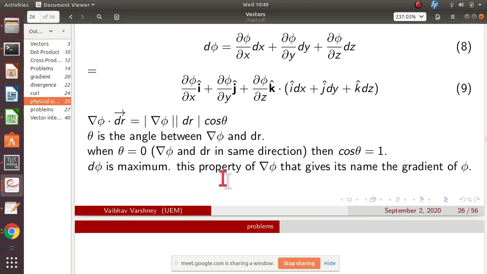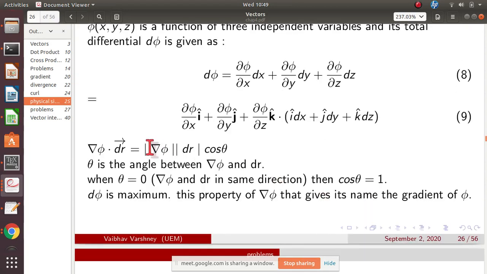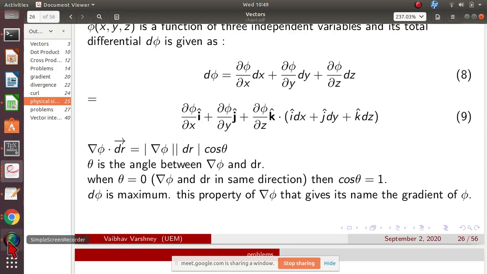And if you discuss mathematics, then gradient always acts on a scalar function and curl is with a vector. The resultant of both is a vector, because the cross product gives us a vector and gradient also gives us a vector, but the difference is the gradient is operating on a scalar and curl is operating on a vector. Okay, sir.